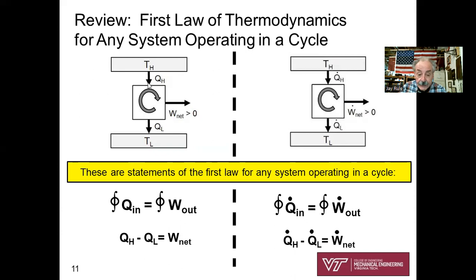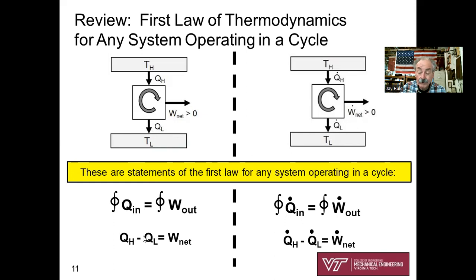Now when you look at your schematic, what's the cyclic integral of heat in? Here's something going in, and here's something going out. So as you study all surfaces of your black box, I've got plus QH minus QL.